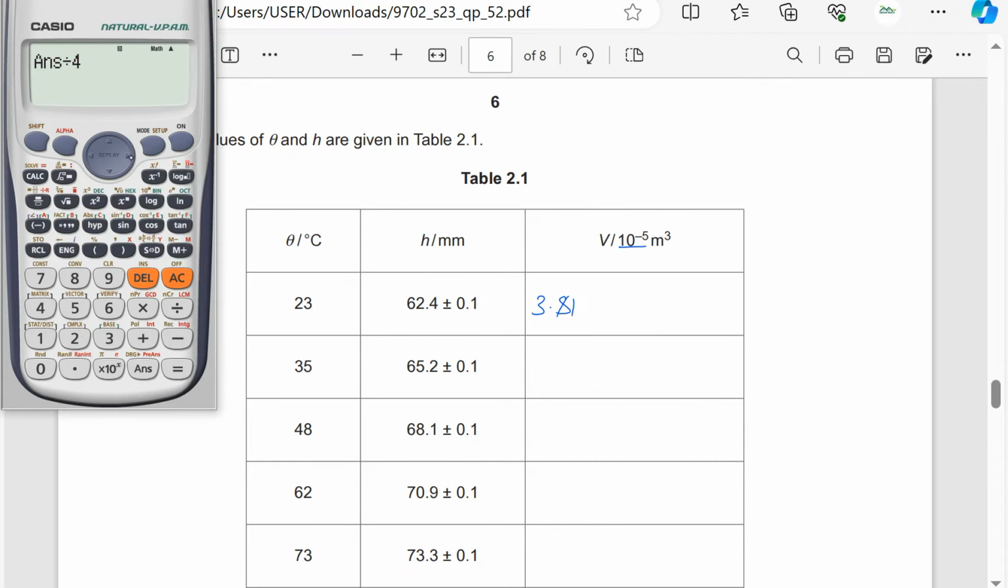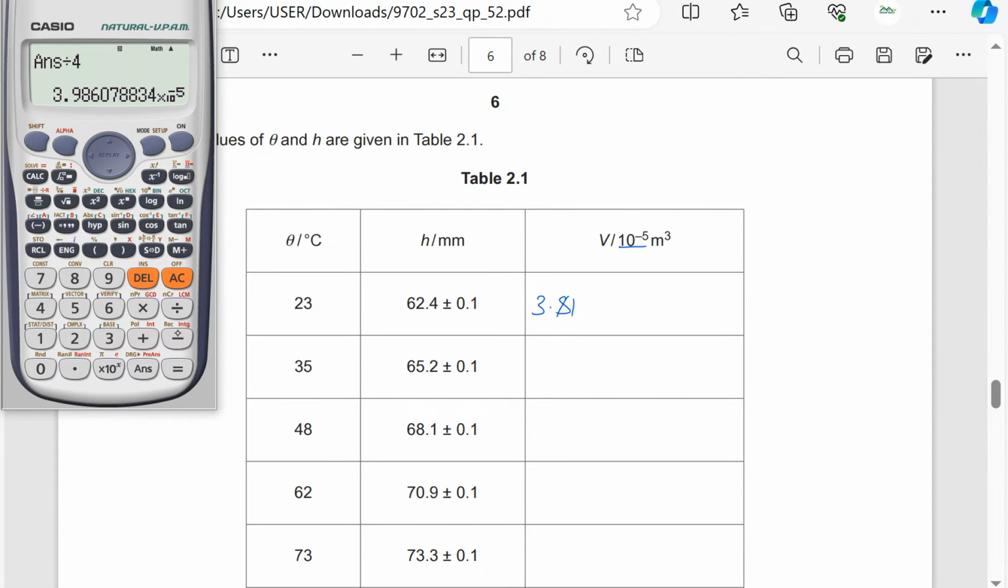The next one is pi times (27.9 exponent minus 3) squared, then times 65.2 exponent minus 3 divided by 4.